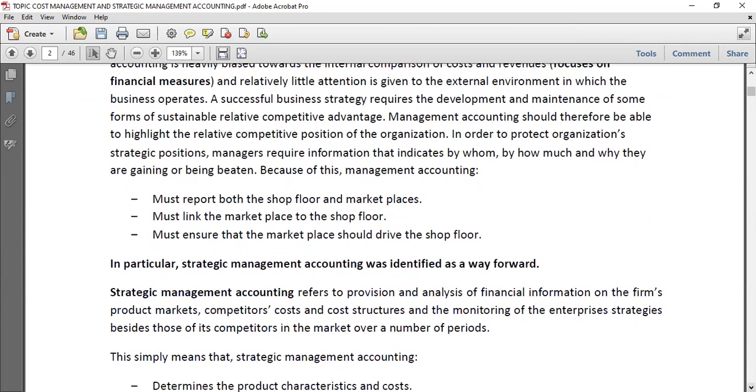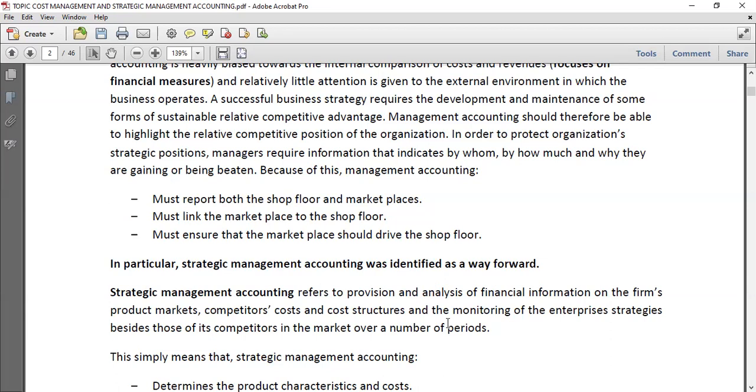It provides an analysis of the financial information on the product's market, the competitors' costs, and the cost structures, and monitors the enterprise's strategies, besides those of its competitors in the market over a period of time. That's all they are doing in the strategic management accounting process, okay?